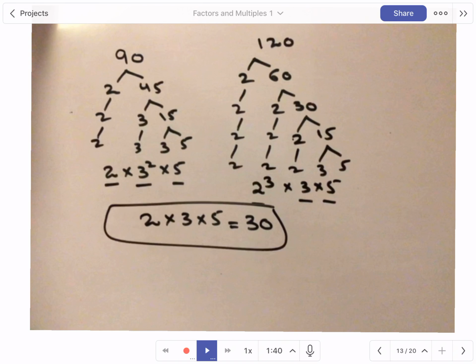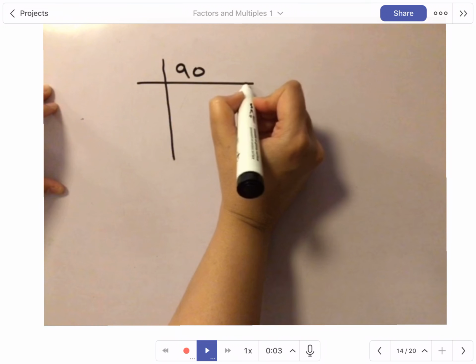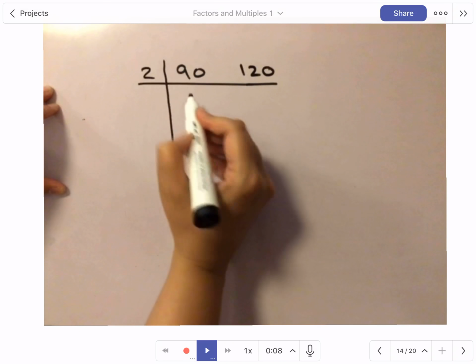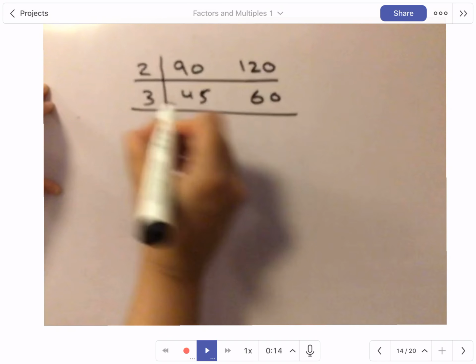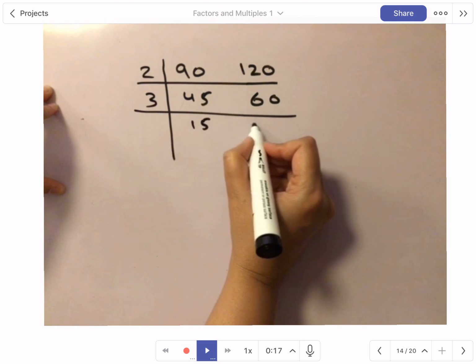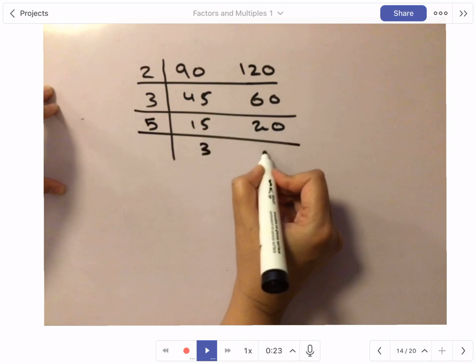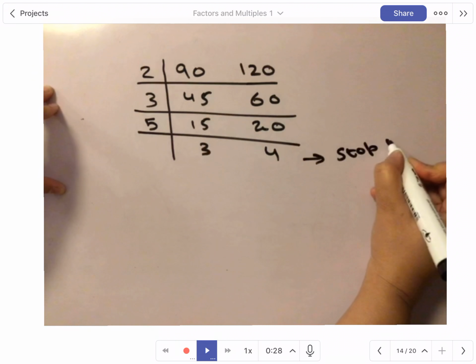The other method to find the highest common factor is the division method of prime factorization. We write all the numbers in a row, and we start dividing by a common factor between them. 90 and 120 are divisible by 2, 45 and 60 are divisible by 3, and 15 and 20 are divisible by 5, but there is no common factor between 3 and 4, so we stop here.